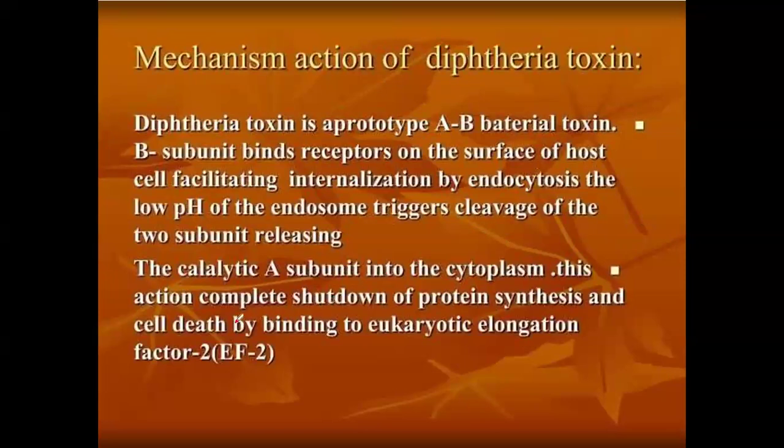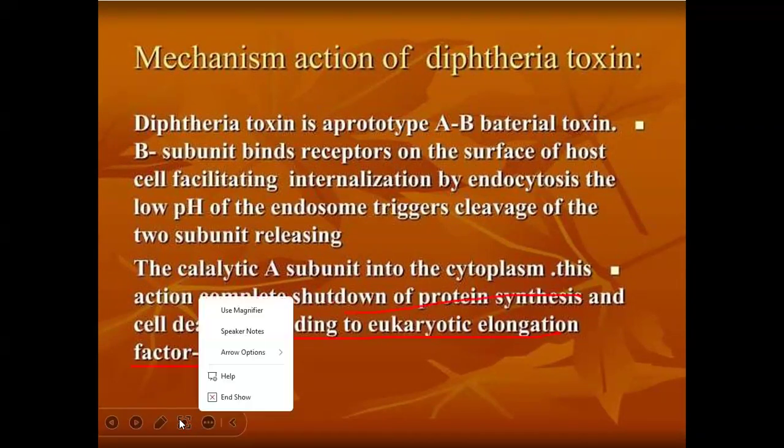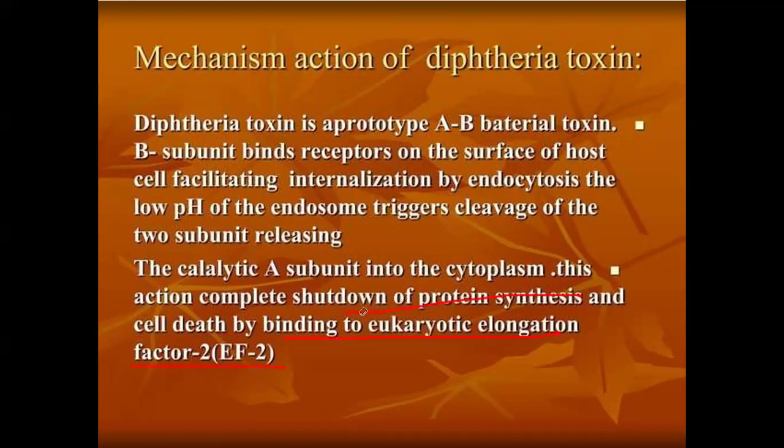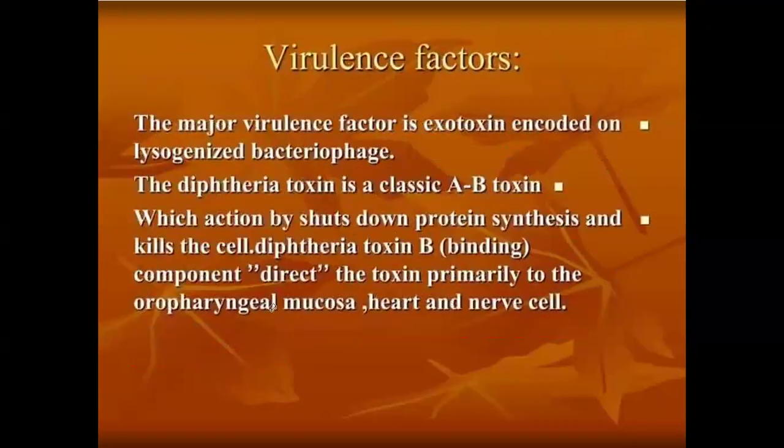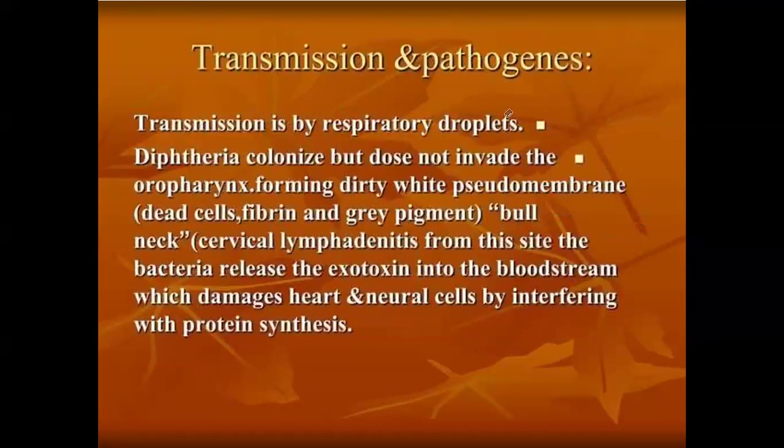The most important thing is it causes cell death by binding to the eukaryotic elongation factor 2. Therefore, shutdown of protein synthesis. Okay? That is what I want you to know. Just that. No need to cram all these things. Just remember it causes inhibition of protein synthesis by binding to elongation factor 2. That's enough. So that was the toxin.